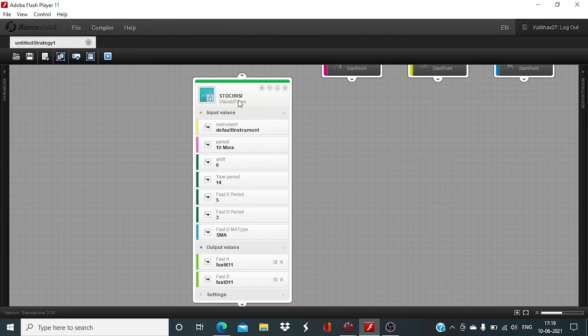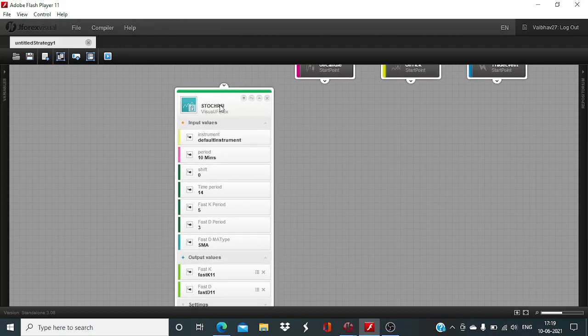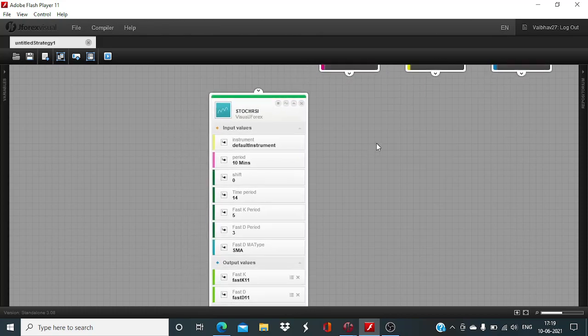In case you feel like it, you can carry out the changes, but for this representative session, I will be sticking with these default values.